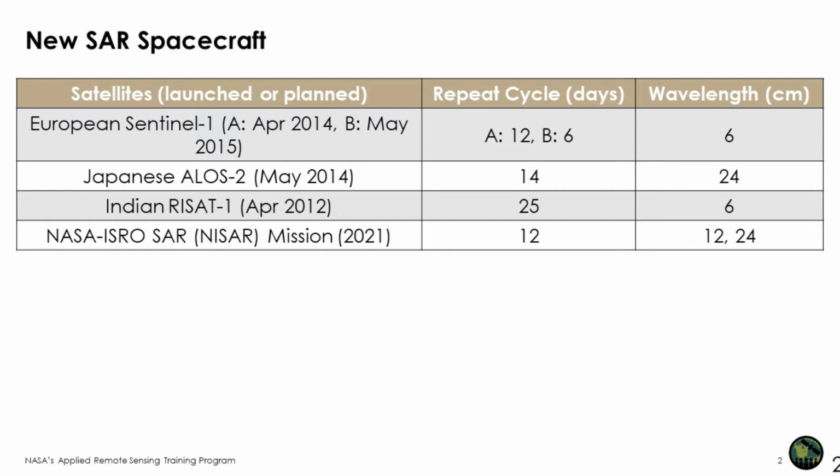And finally, we're busy at JPL building a new radar to be launched on a joint mission with the Indian Space Research Organisation called the NISAR mission, and that's planned for launch in late 2021. That will have a 12-day repeat, and it'll again be an L-band radar.